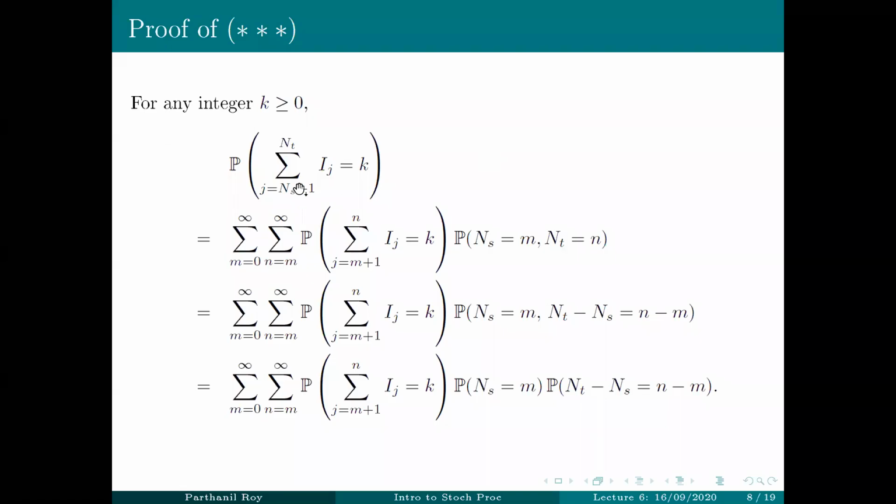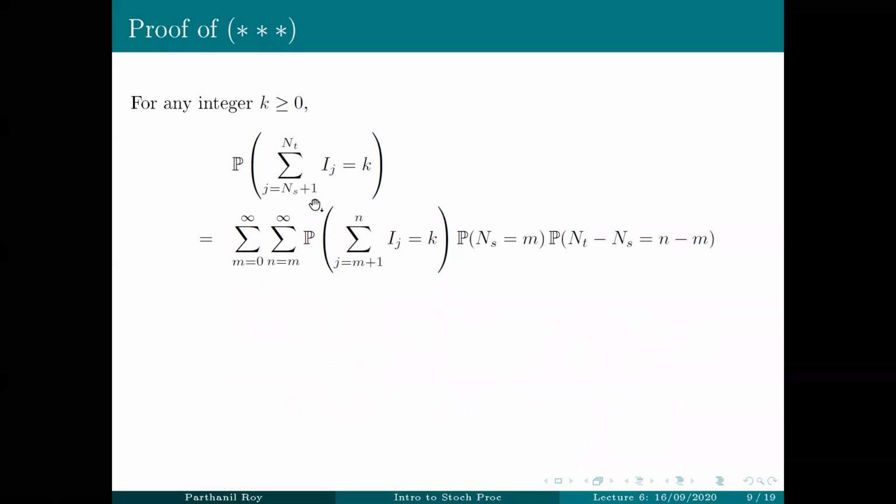Okay, so starting from the left-hand side of star, star, star, and using conditioning, this is a double conditioning, right? Using a double conditioning and then using the independence of increments of the original process N, we have obtained thus far.